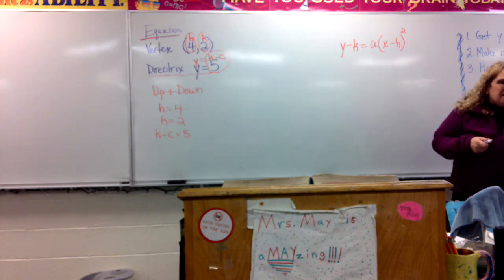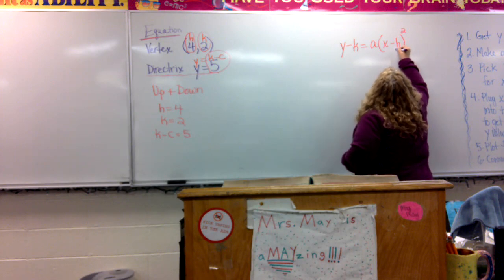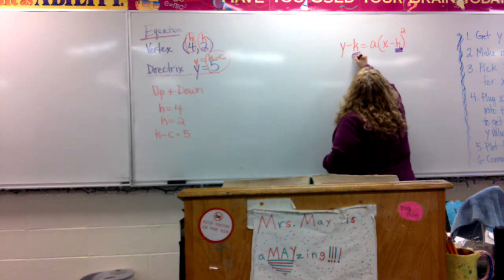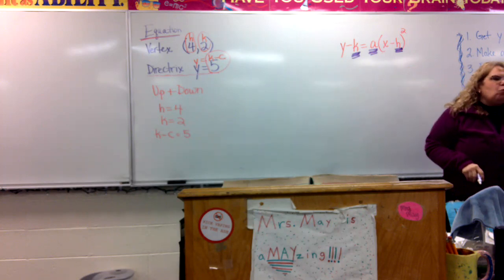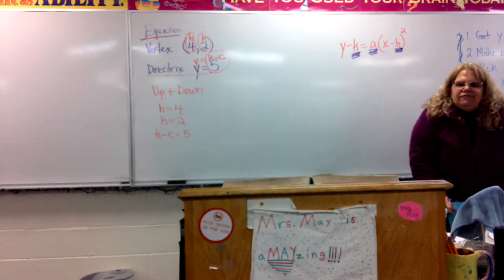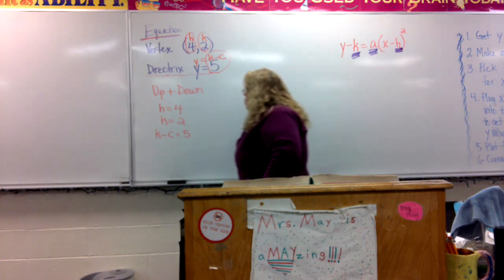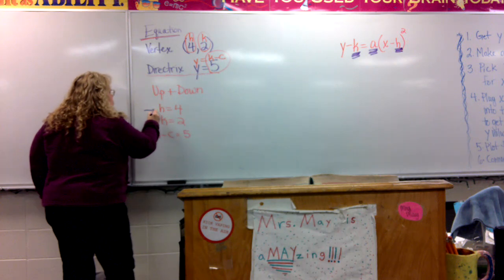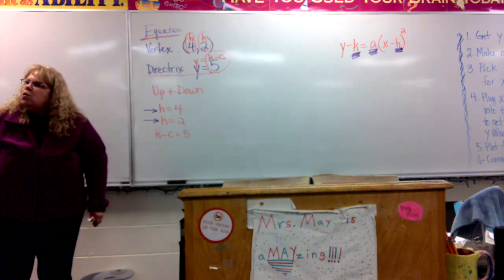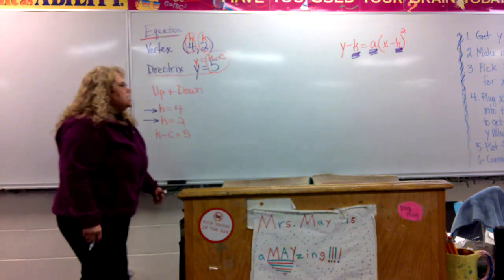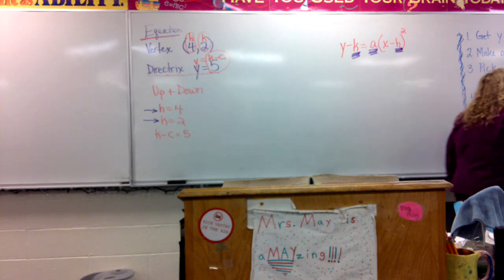Well, that's the basic equation, and you need to fill in the h, the k, and the a. The x and the y stay. You have to fill in the h and the k and the a. Well, over here, we've already got 2 of those. We've got the h, we've got the k. We need the a.